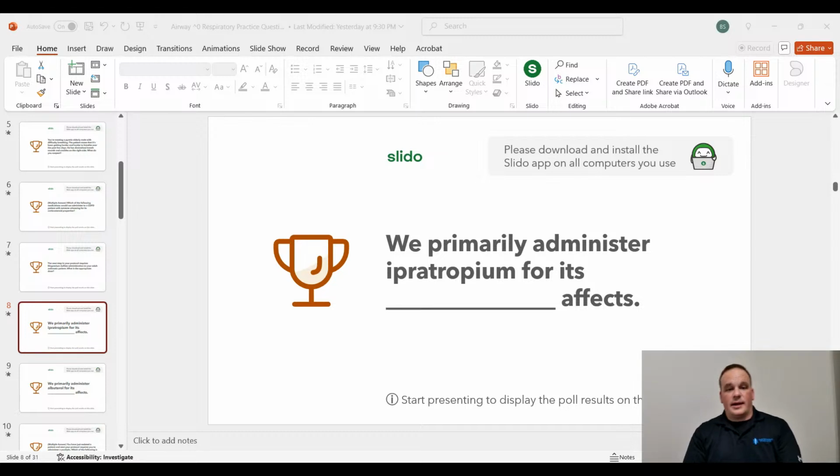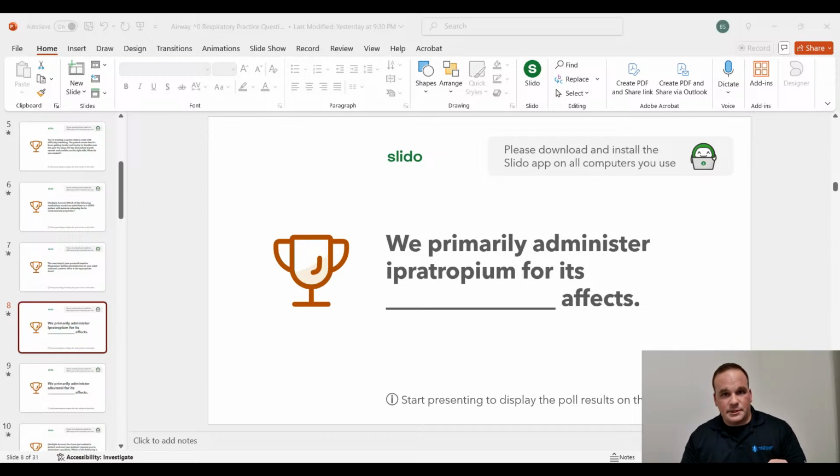Correct. Beta-2 agonist. So we kind of ruined this question because the previous question was about ipratropium and gave these same answer options, but albuterol is a beta-2 agonist. So what does that mean? It stimulates our beta-2 receptor sites. Remember, agonist means stimulates or works on, right? So our beta-2 receptors, we have two lungs.